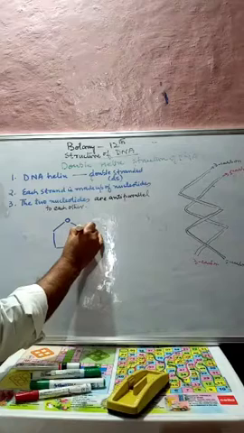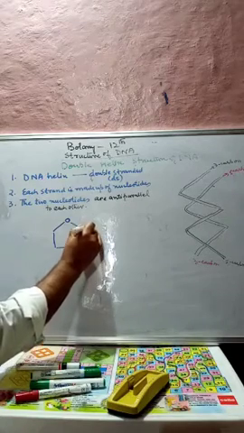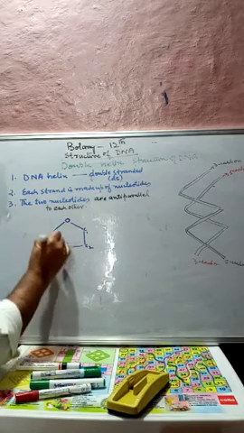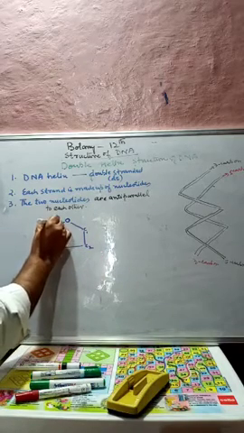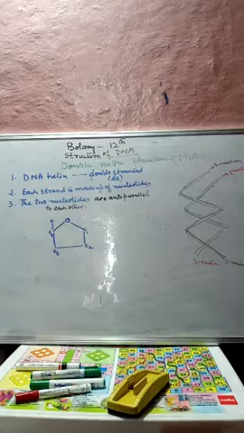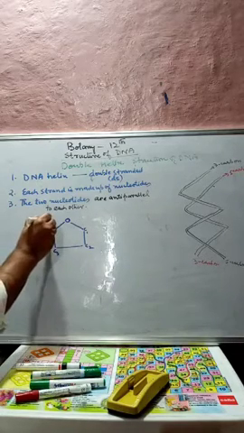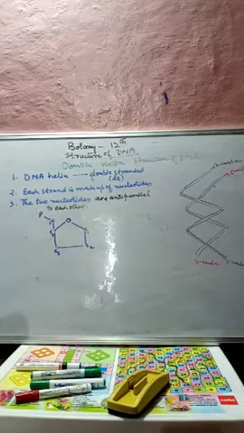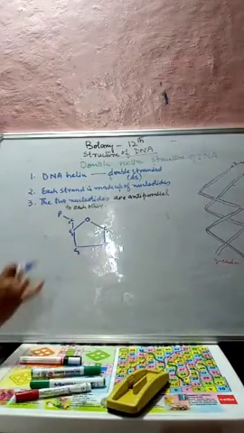This is carbon first, carbon second, this is carbon third, this is carbon fourth, and it's the fifth. Now with this carbon 5, we have this phosphate group. I write this. We have this phosphate group.